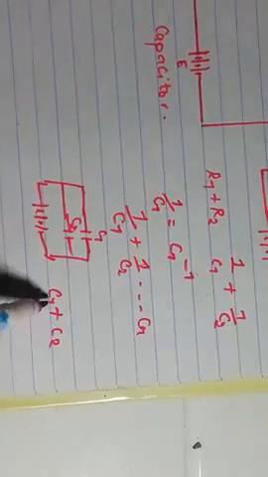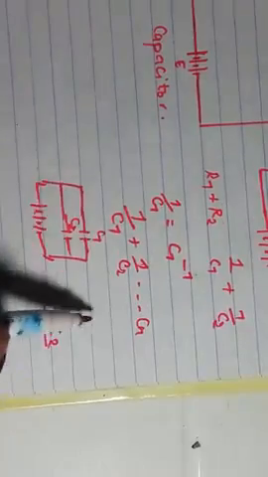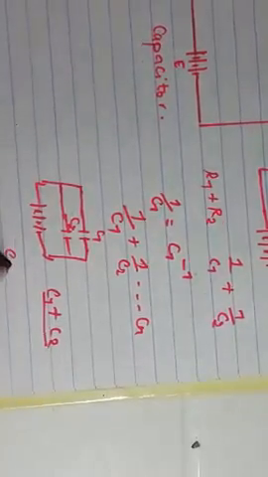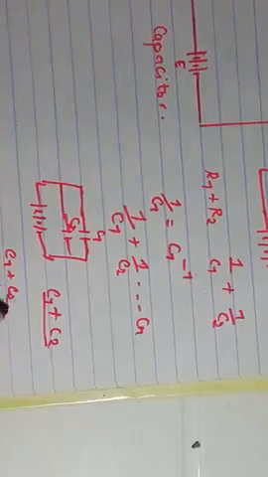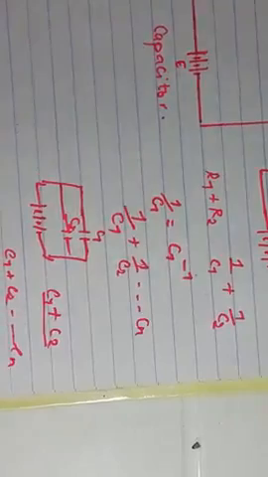We simply add the capacitors. If there are more than two, we simply take C1 plus C2 and so on till the end.